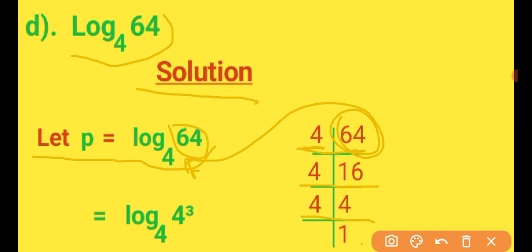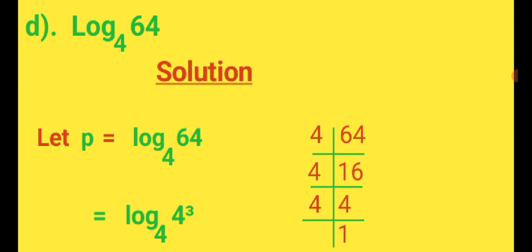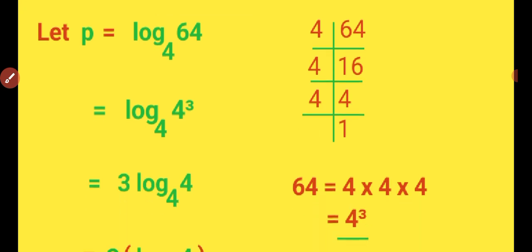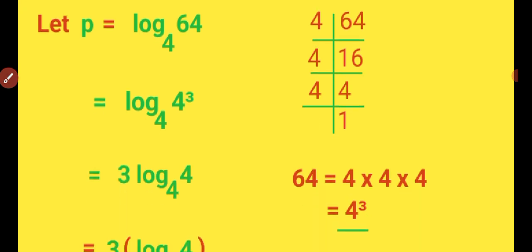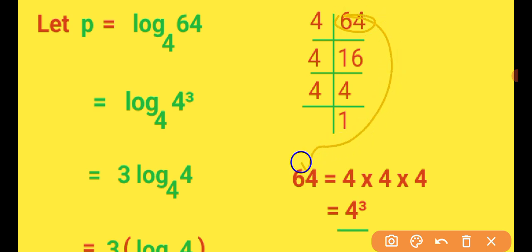So after getting 1, we know that this 64, which we have indicated here, is the same as 4 times 4 times 4. We get all this by multiplying 4 times 4 times 4. And since these three 4s are the same as 4 to power what?